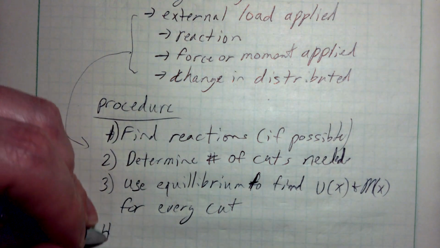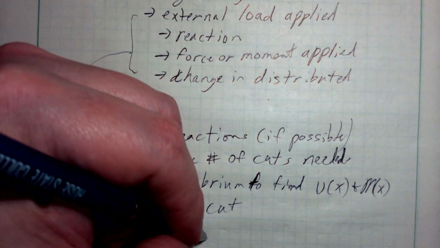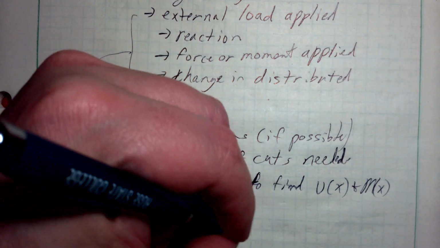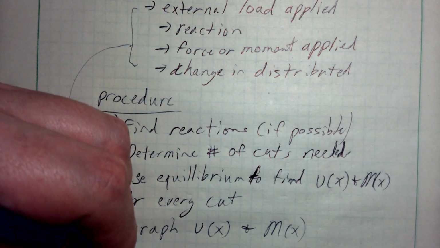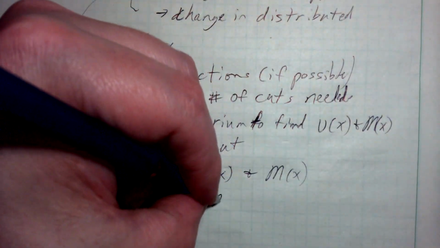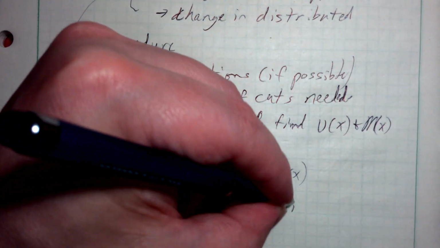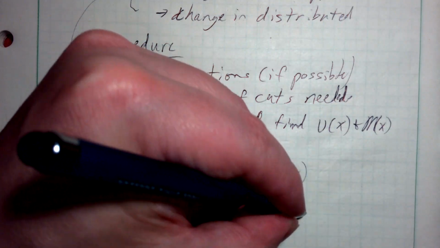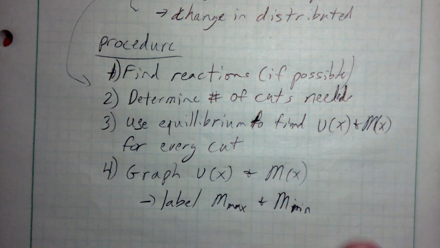And then step 4, we're going to graph shear as a function of x and moment as a function of x, and we're going to label any maximum and any minimum bending moments. And this is really what you're after.